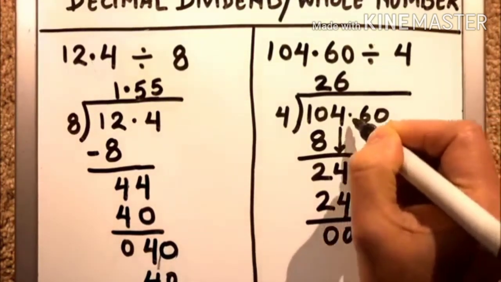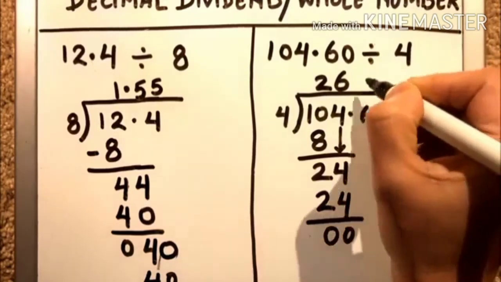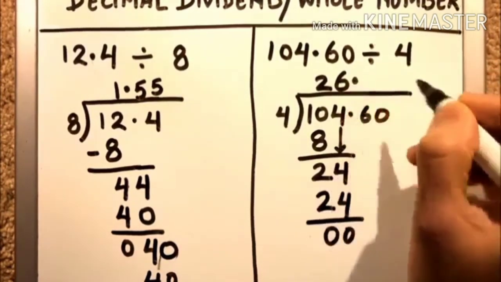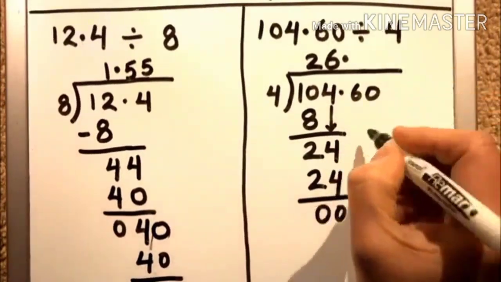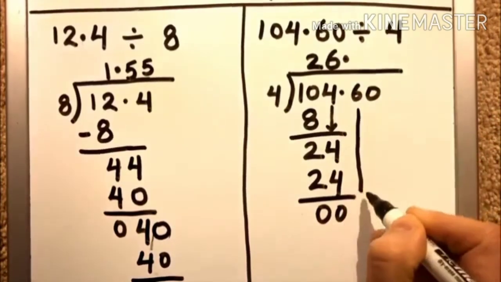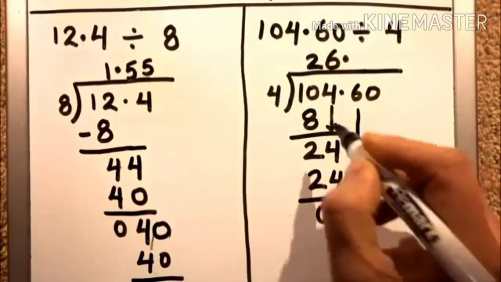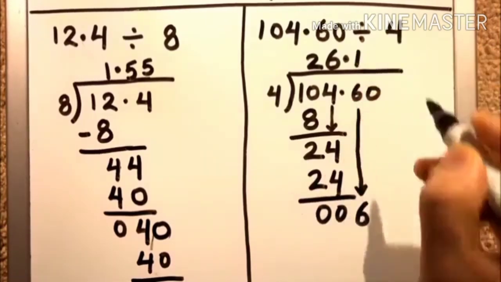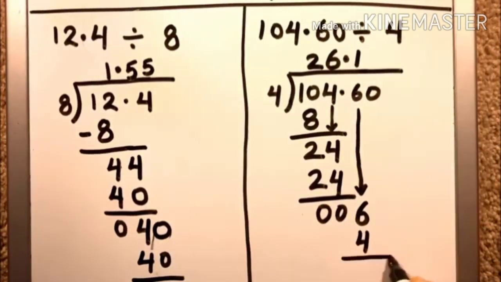Now we see that there is a point in between, so we put the point in the quotient, and then we move forward with the next number, which is 6. Now we count the table of 4: 4 times 1 is 4.